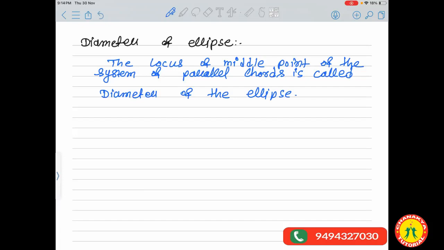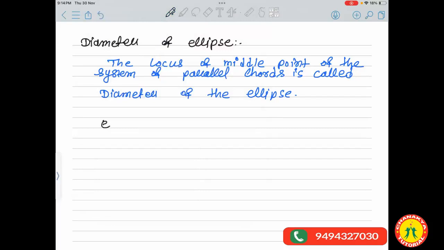So can you say what the equation of the diameter will be? Because what is written in the definition? The locus of the middle point of the system of parallel chords. So what do you write? The equation of a chord whose midpoint is given.